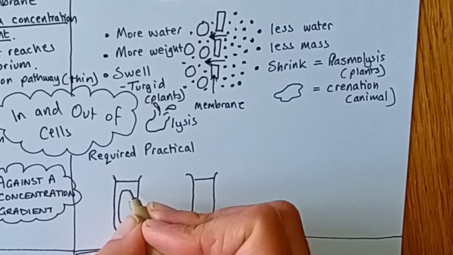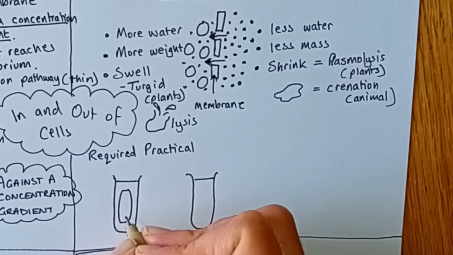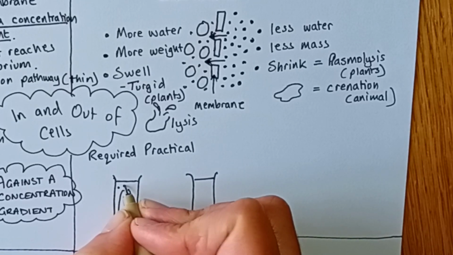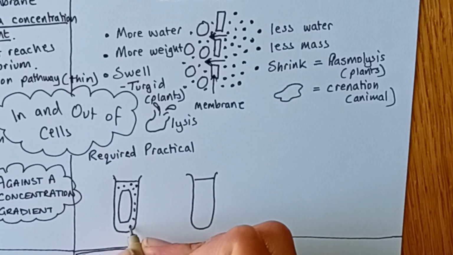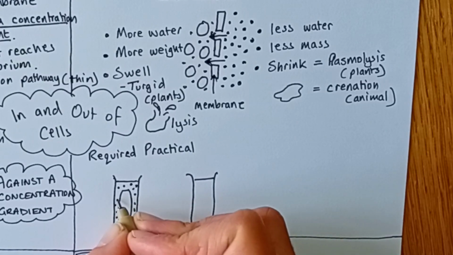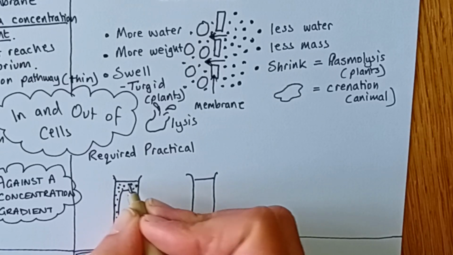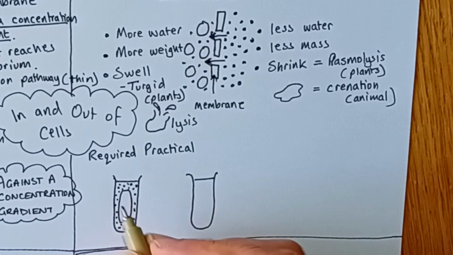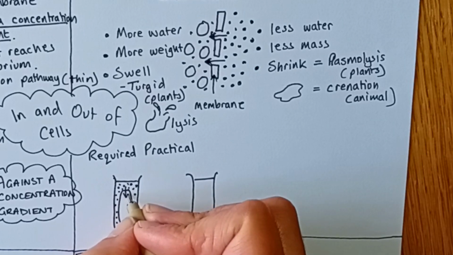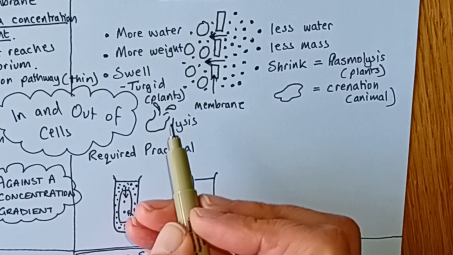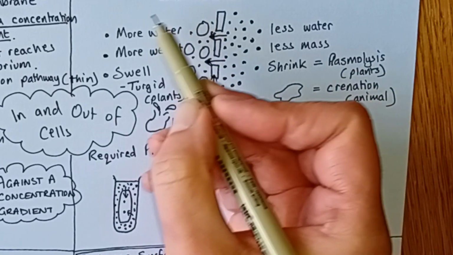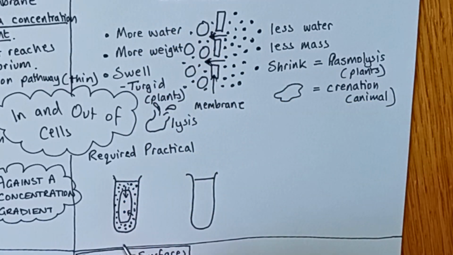This piece of potato will swell up. I've drawn the sides slightly curved, and that's because it was put in pure water. So there's lots of water on the outside, which means the water moves in via osmosis. And because the water moves in, this side's going to swell up.